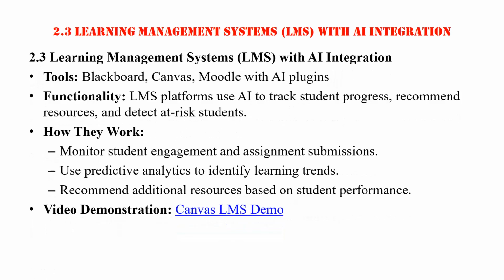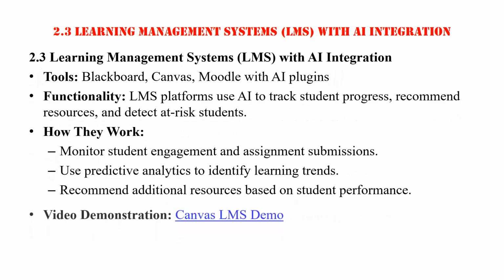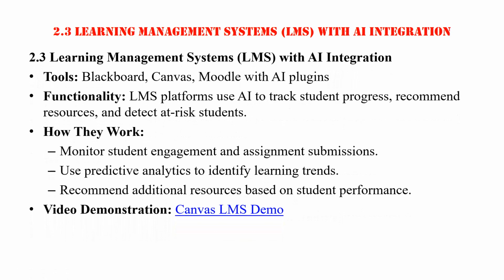Now we also have what are called learning management systems with AI integrations. Here you have Blackboard, Canvas, and Moodle with AI plugins, which we have talked about. You find LMS platforms that use AI to track students' progress.